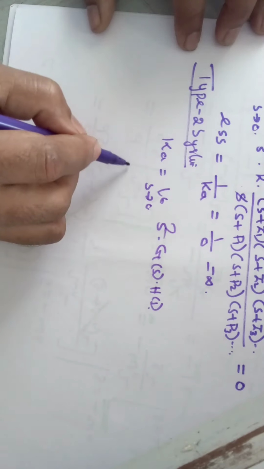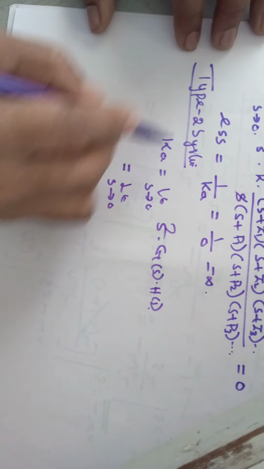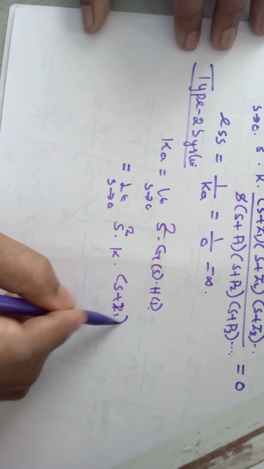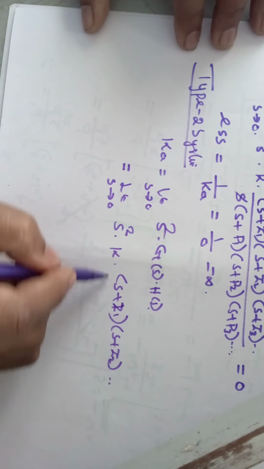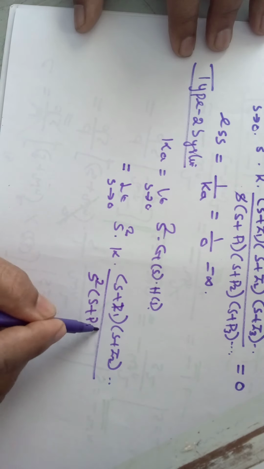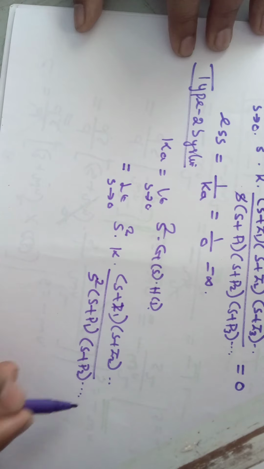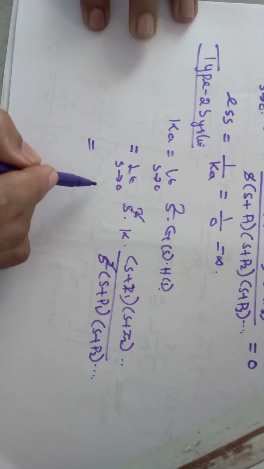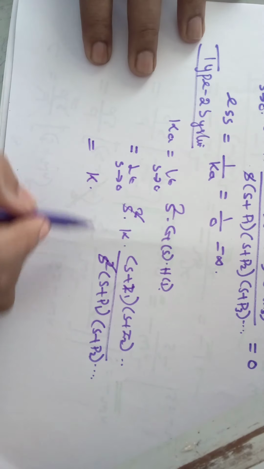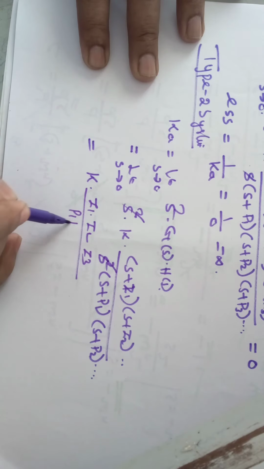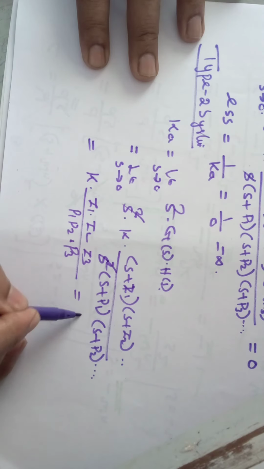Or we can write this as limit s tends to 0, it is a type 2 system, therefore s square into k into (s plus z1) (s plus z2) divided by s square into (s plus p1) (s plus p2), etc. So we can cancel out this s square and s square, and therefore once you substitute s equal to 0, you will be getting k into z1 into z2 into z3 divided by p1 into p2 into p3, etc., which is nothing but a constant.